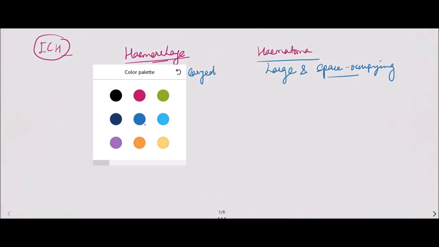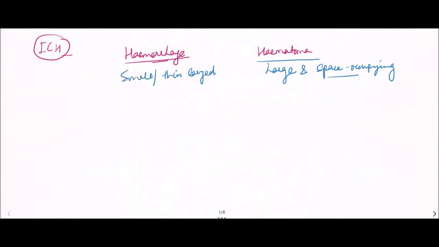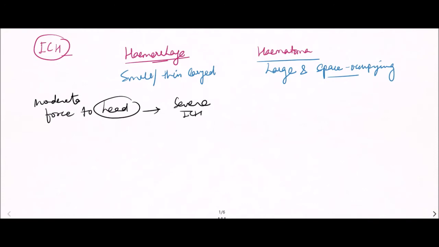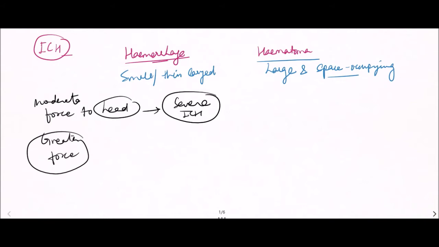Now, as a rule, some amount of moderate force, if applied to head, it can cause severe intracranial hemorrhages, but greater force, if applied to head, may not produce any hemorrhage.